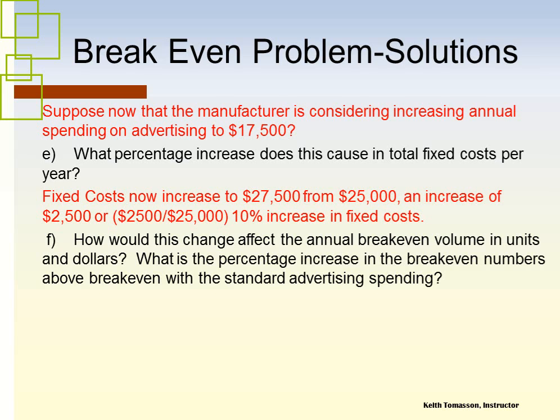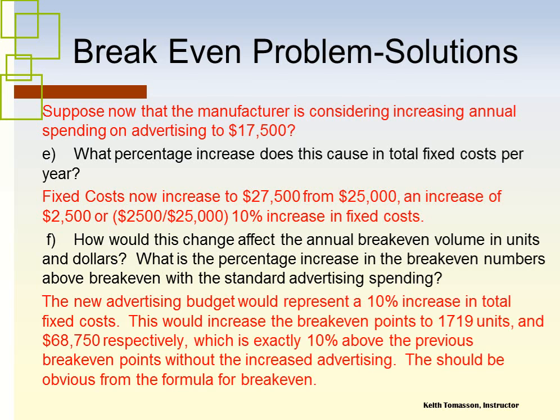That should be fairly easy to understand from the formula, given that a $2,500 increase is a 10% increase in fixed costs. But more importantly, how does that change affect our annual break-even volume in terms of units and sales? And what is the percentage increase in the break-even numbers if we increase our advertising spending?